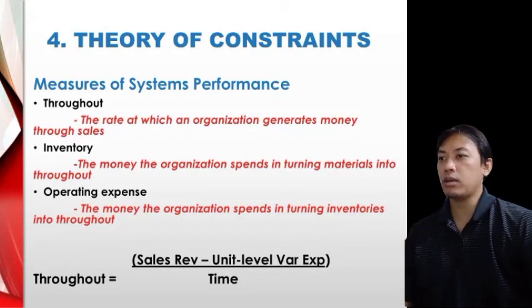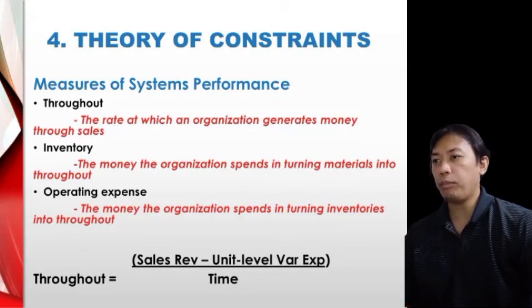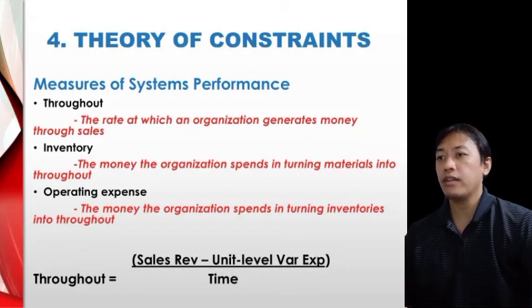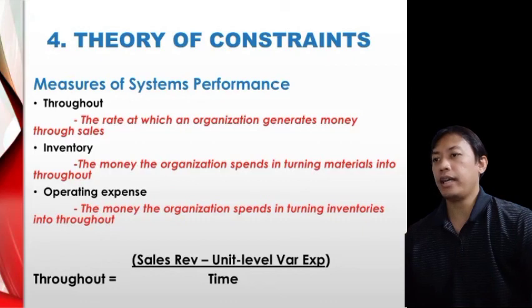Inventory is the money that the organization spends in turning materials into throughput output, while operating expense is the money that the organization spends in turning inventories into throughput. So here is the formula: throughput is equal to sales revenue minus the unit-level variable expenses, divided by the time.